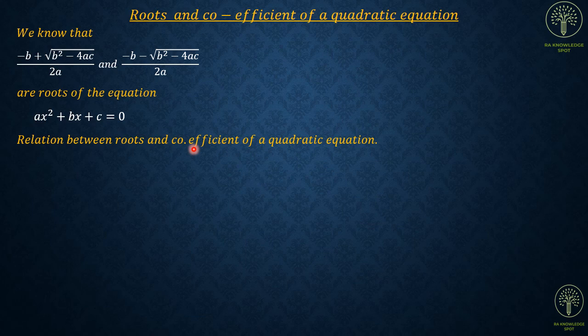Now we want to create a relation between the roots and the coefficients of the quadratic equation. You already know the coefficients: the coefficient of x square is a, the coefficient of x is b, and c is the constant term. We have to create a relation between these two roots and these numbers.